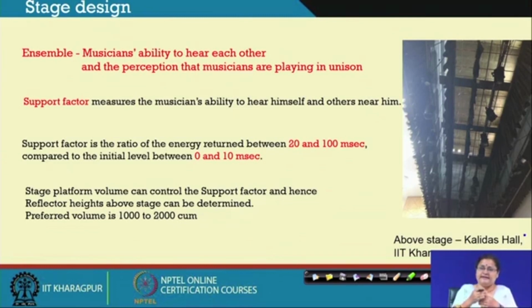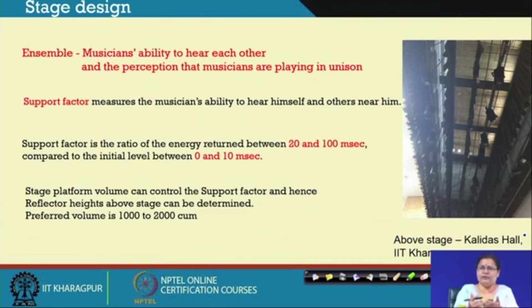You remember clarity was C80, 80 milliseconds towards the audience; here it is between 20 to 100 milliseconds, the energy which is returning, and it is compared with the initial energy between 0 to 10 milliseconds when all the sounds had originated. This ratio is called the support factor, and that is also measured in decibels.